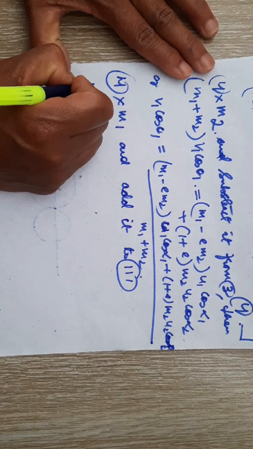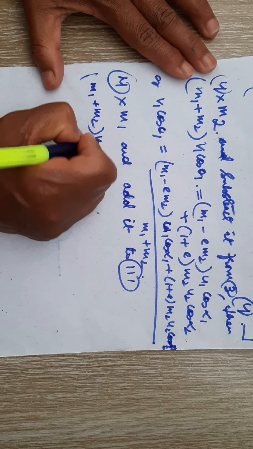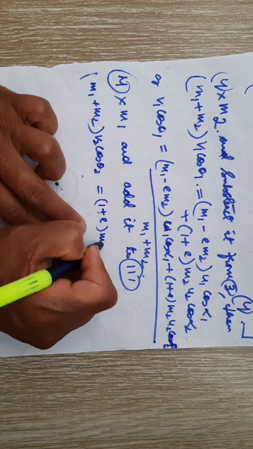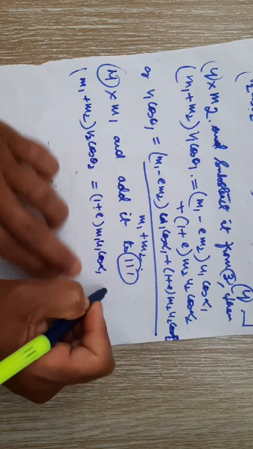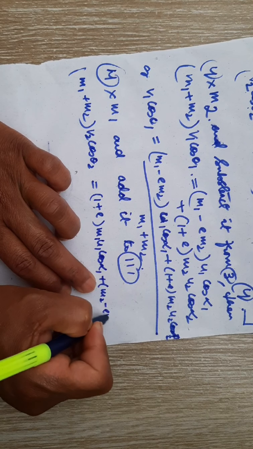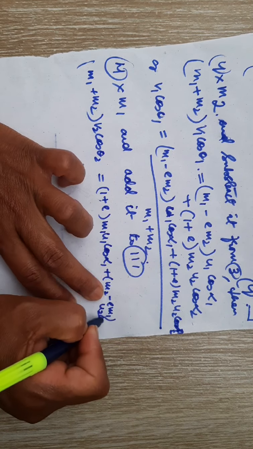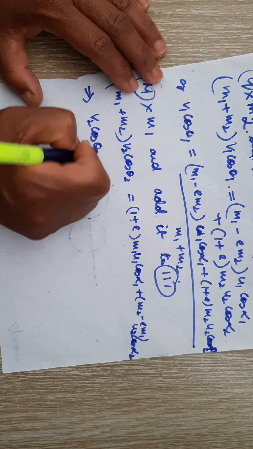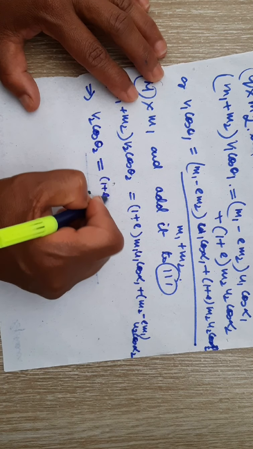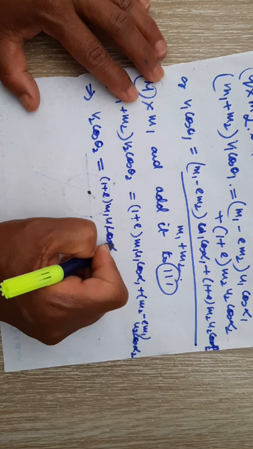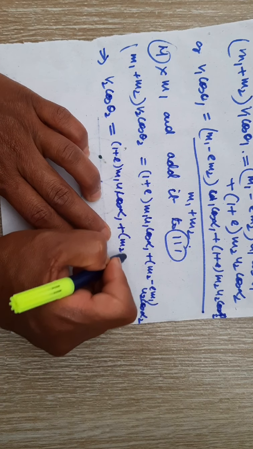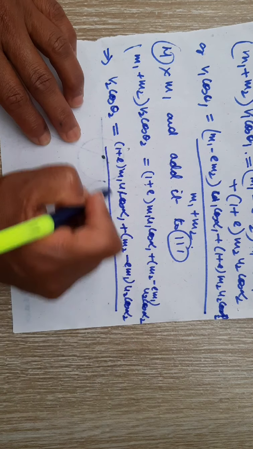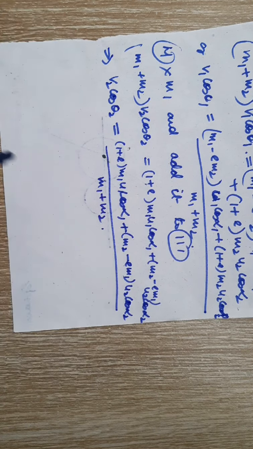So you get m1 plus m2 times v2 cos theta 2 equal to 1 plus e m1 u1 cos alpha 1 plus m2 minus e m1 into u2 cos alpha 2. So v2 cos theta 2 equals 1 plus e m1 u1 cos alpha 1 plus m2 minus e m1 into u2 cos alpha 2, whole thing divided by m1 plus m2.